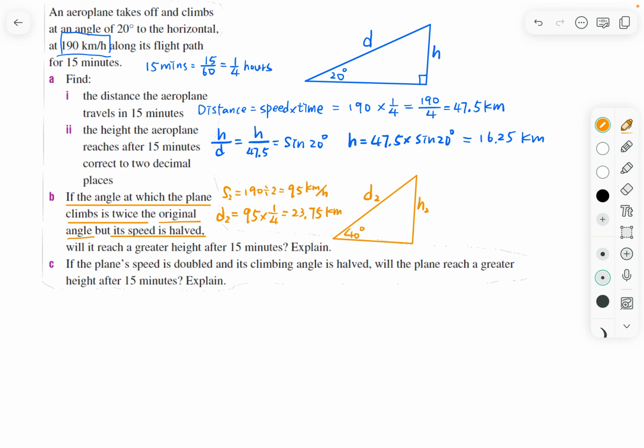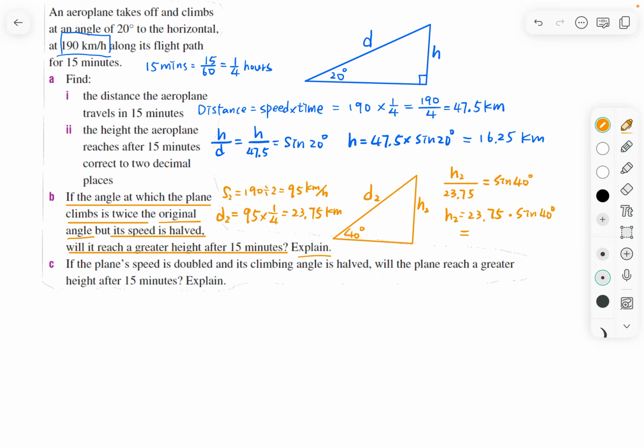Because the question says, will it reach a greater height after 15 minutes? So we just calculate H2. See, H2 is higher than H or not. So H2 over 23.75 equal to sine 40. Therefore, we get H2 equal to 23.75 times sine 40 degrees.